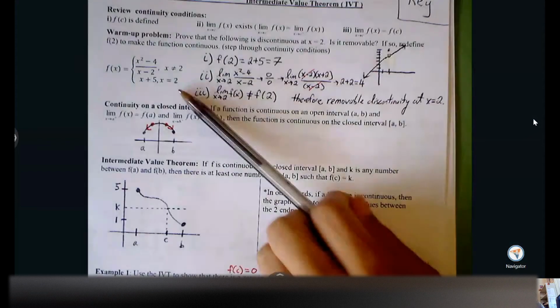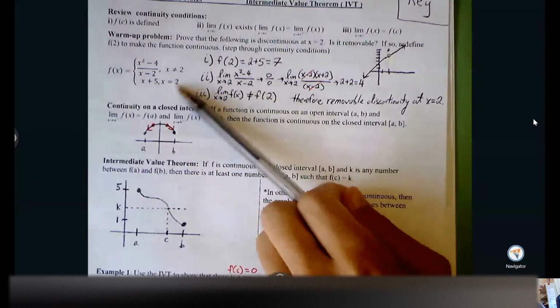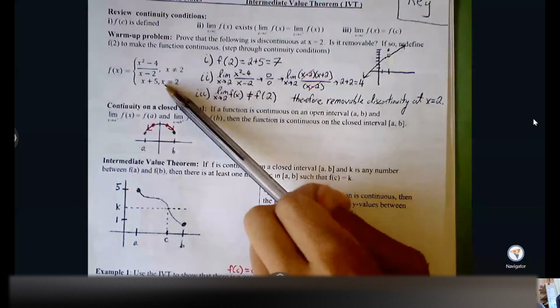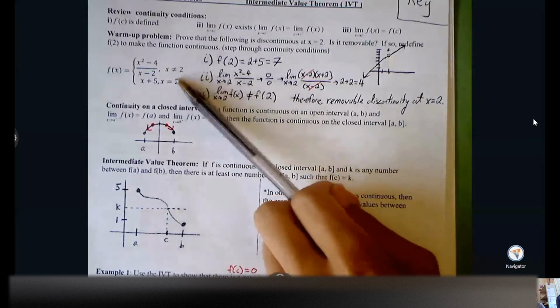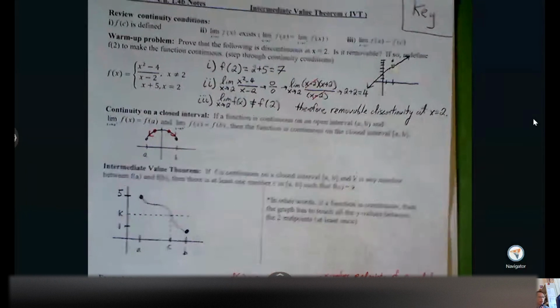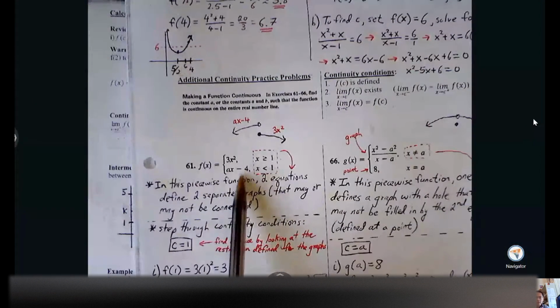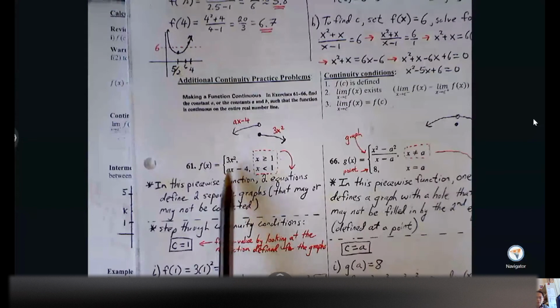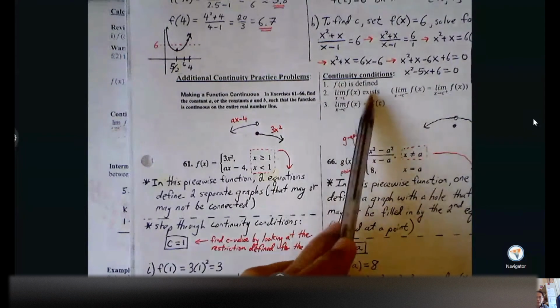So when you see this setup, it may be continuous, but if it's going to fail, it's going to fail the third condition. If you see the other sort of setup, it may be continuous, but if it fails, it's going to fail the second condition.